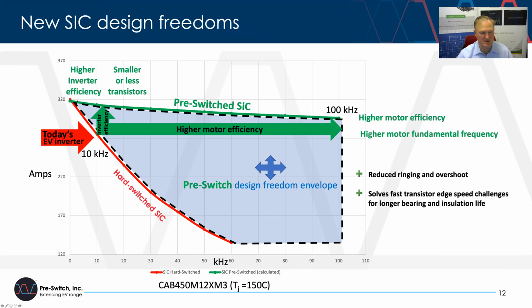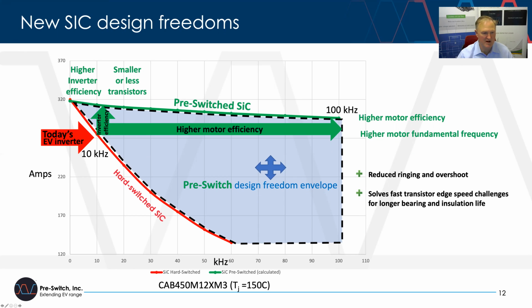But with the pre-switch application, when we manage it, there is a significant increase in efficiency as a result of having no switching losses. And what this means is that you now have a full envelope that's above where you were with hard switching and where you can be with pre-switching, that enables you to design anywhere you want within this curve.